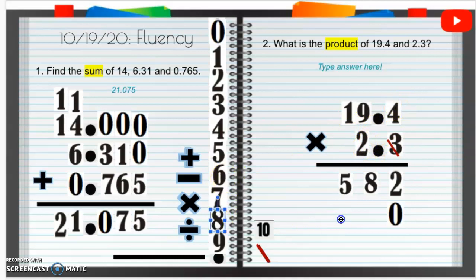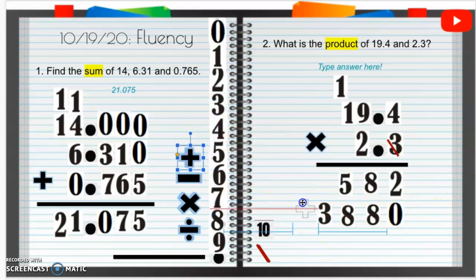I know that's 8. 2 times 9 is 18. I'm going to carry that 1, drop that 8. 2 times 1 is going to be 2, plus 1 is going to be 3. Now, what am I going to do with these numbers? Add them up.